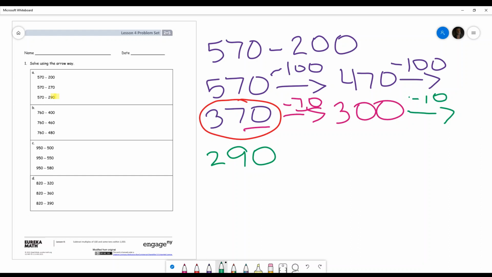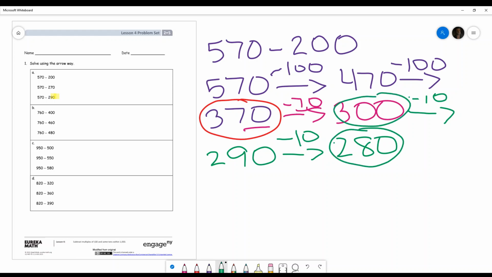Remember, you're skip counting backwards by 10. And let's take away our next 10. 290 minus 10 is 280. So there's your third answer.